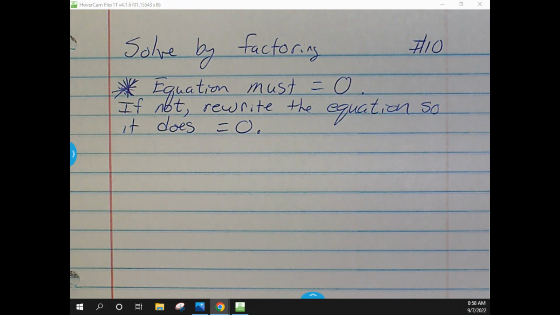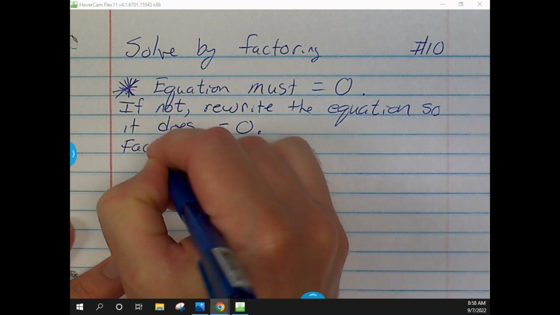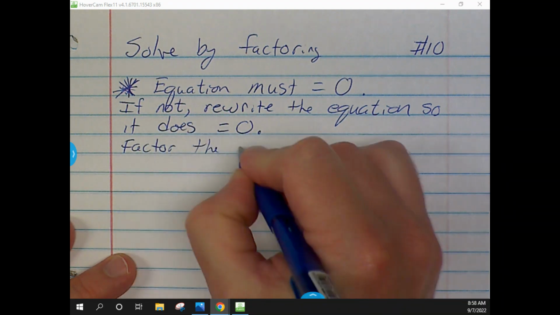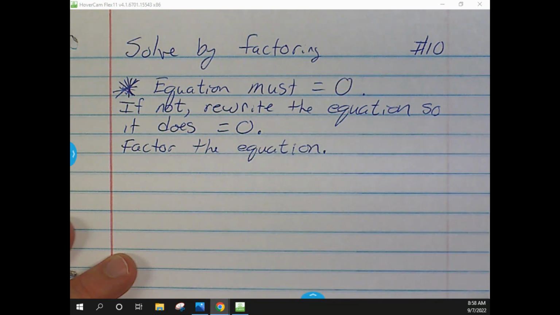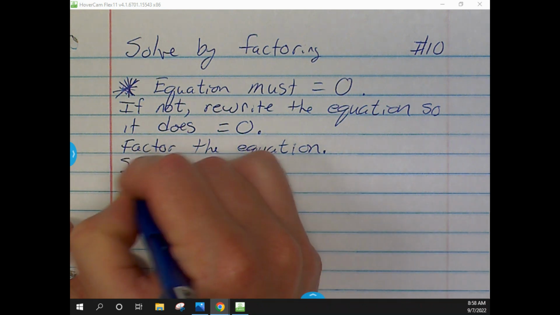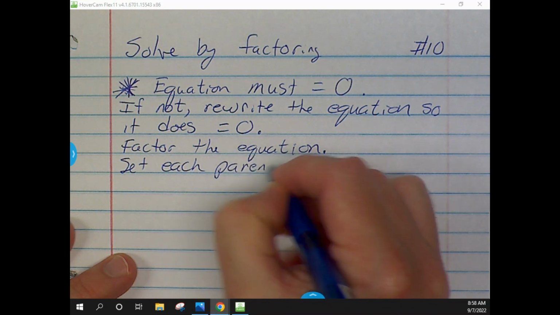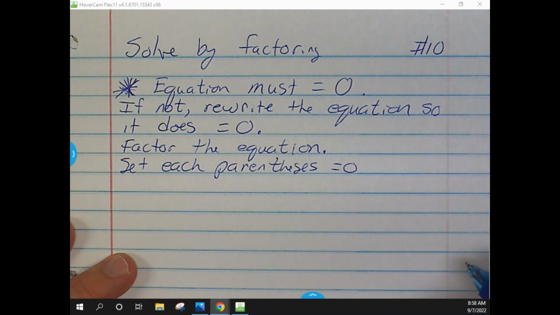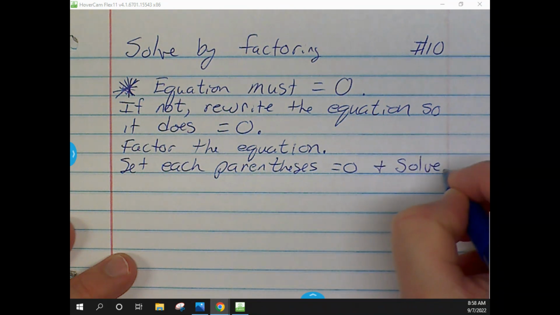Okay, after you've got it rewritten so it's equal to zero, you're going to factor the equation. And then you set each parentheses equal to zero. And then you solve.